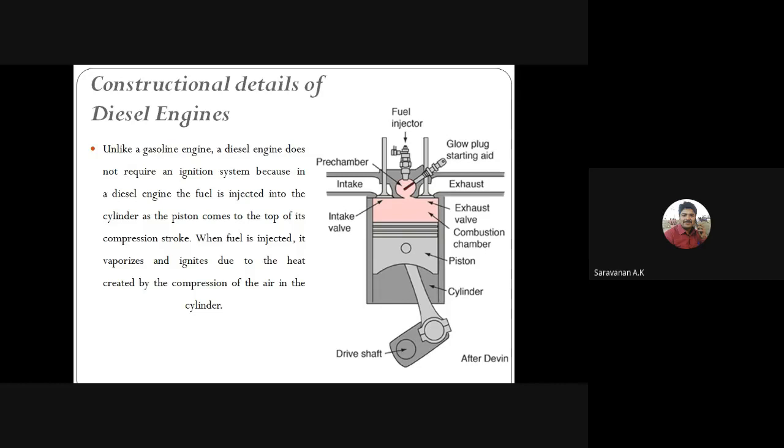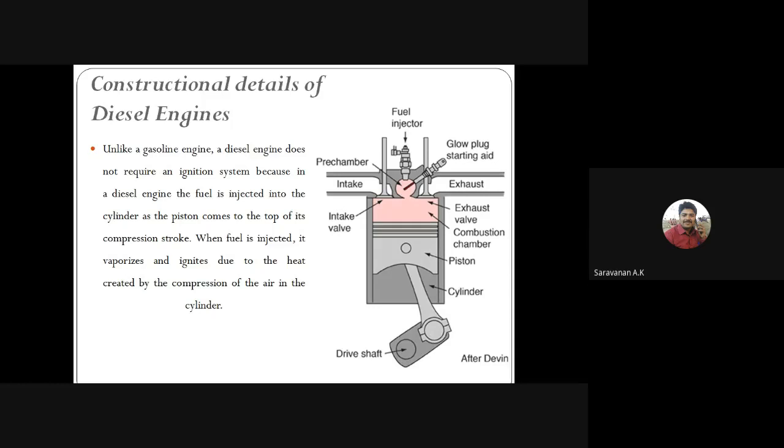The majority of the parts are similar. Although the diesel engine and the petrol engine operate with similar components, a diesel engine, compared to the petrol engine for equal horsepower, is heavier.